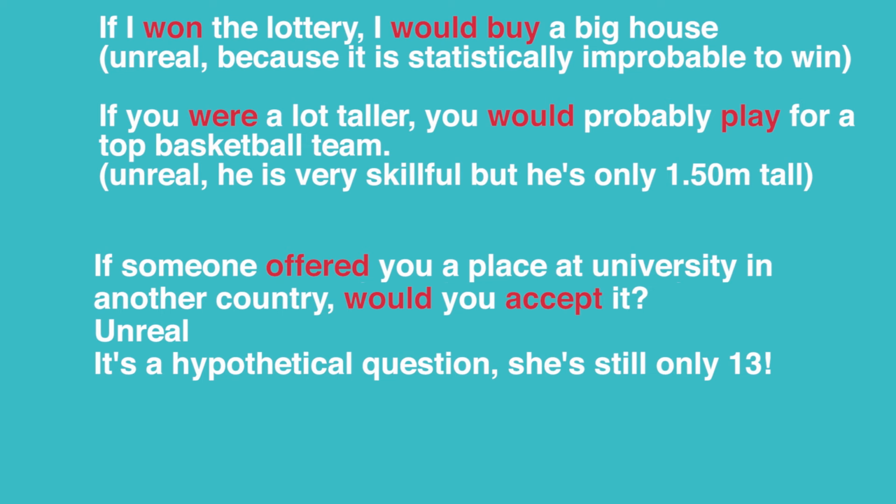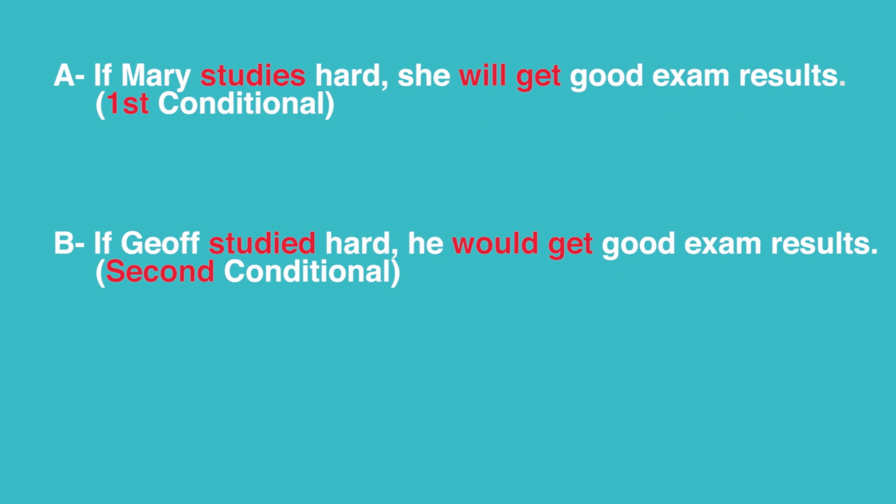Look at these. Are both of these conditional sentences possible? A. If Mary studies hard, she'll get good exam results. First conditional. B. If Jeff studied hard, he'd get good exam results. Second conditional. Do they mean the same?